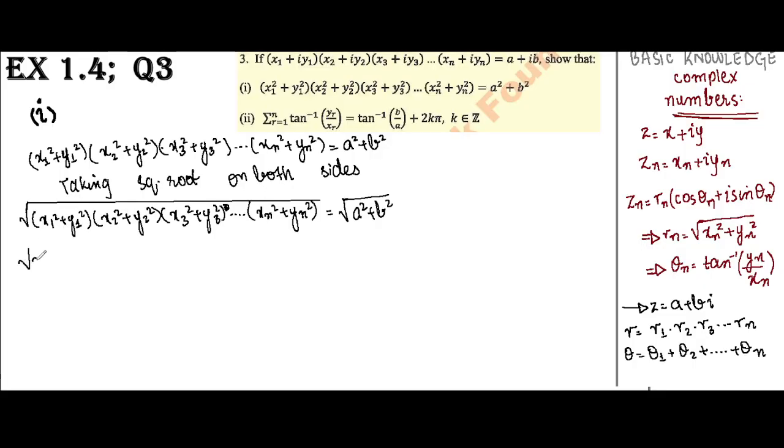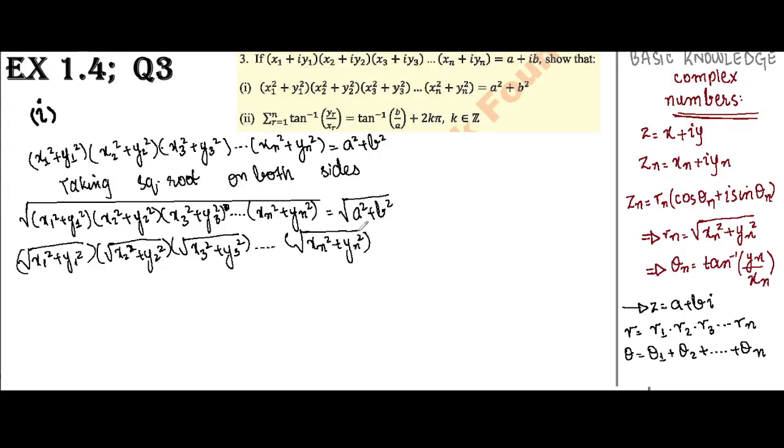So we get square root of x1 square plus y1 square multiplied with square root of x2 square plus y2 square into square root of x3 square plus y3 square up till square root of xn square plus yn square is equals to square root of a square plus b square.